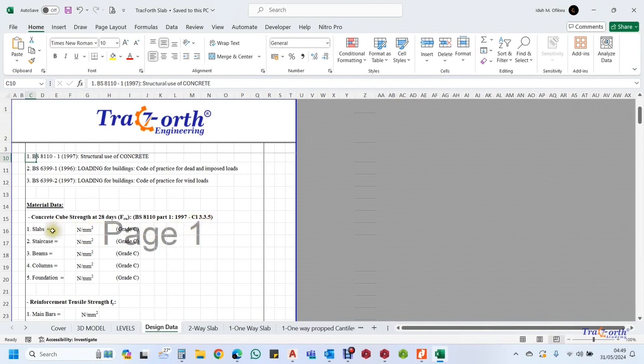So now, in this case, we are going to be selecting 25, and according to this clause, the minimum for every structural element is 30 Newton per millimeter square. That is grade 30, sorry.